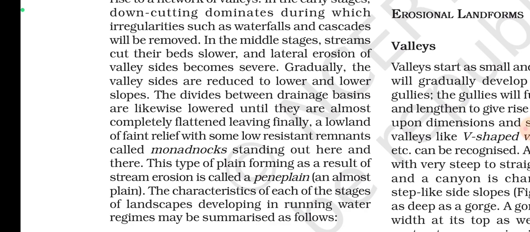The divides between drainage basins are likewise lowered until they are almost completely flattened, leaving finally a lowland of faint relief with some low resistant remnants called monadnocks standing out here and there. This type of plain forming as a result of stream erosion is called a peneplain, an almost plain. The characteristics of each of these stages of landscape developing in running water regimes may be summarized as follows.